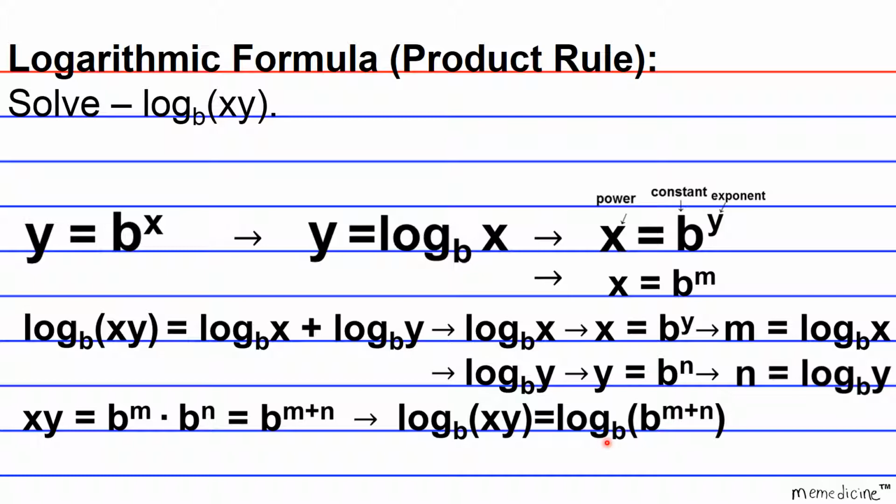And before moving on, I want to take a little detour and introduce you to the cancellation property, which says that if we take the log base b of the base b raised to some particular exponent, then these two bases are basically going to cancel each other out, okay?